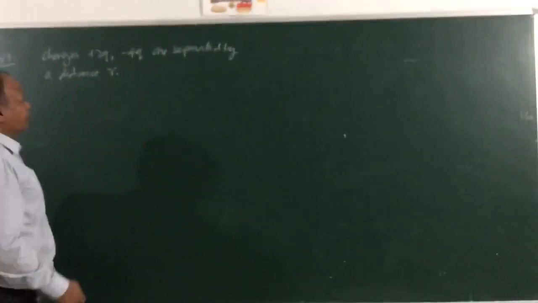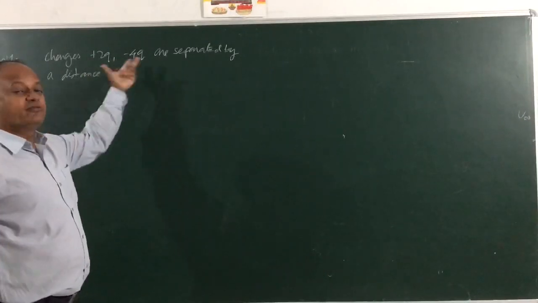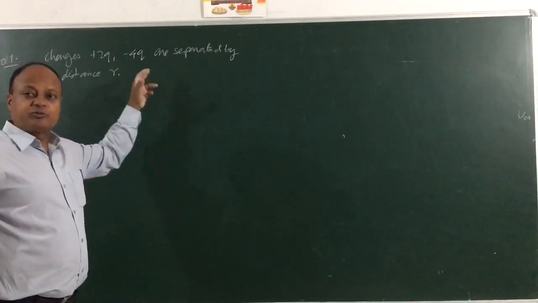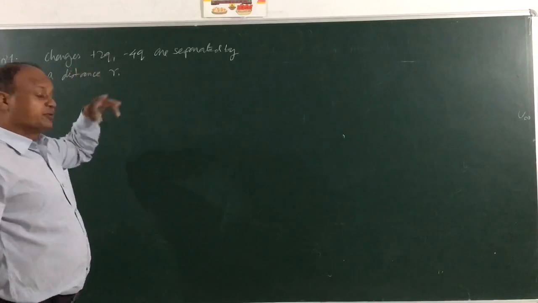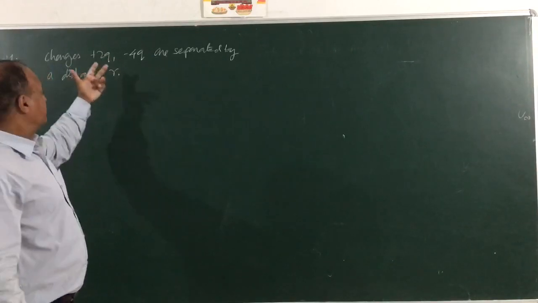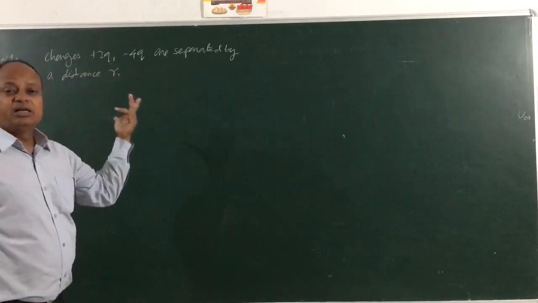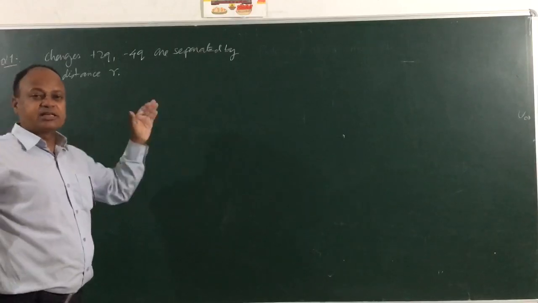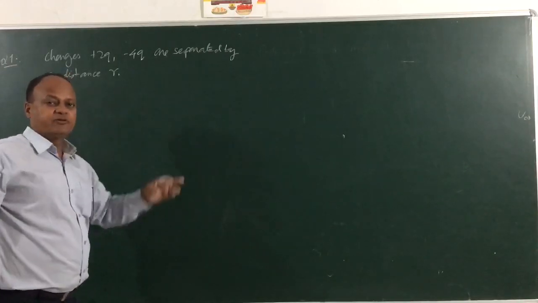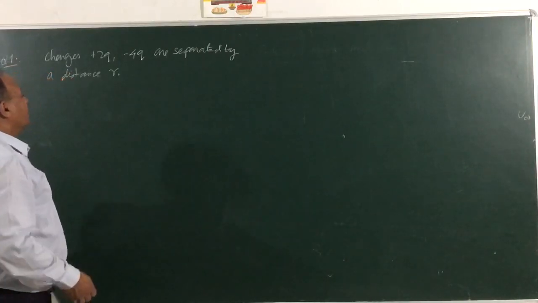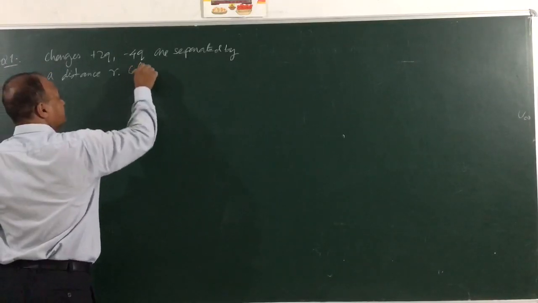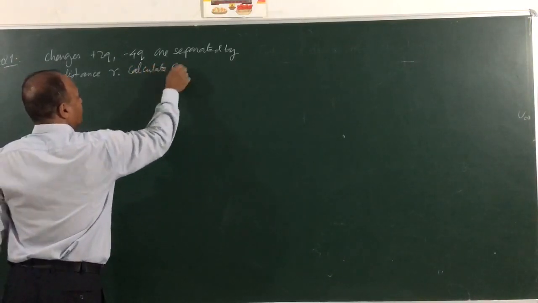Remember, in numericals they can give the value of q like 1 microcoulomb, 2 microcoulomb. Suppose q is equal to 1 microcoulomb, so this will be plus 2 microcoulomb, and this will be minus 4 microcoulomb. So this is the generalized way of doing it. You can put any value of q in the numericals. Calculate number 1.